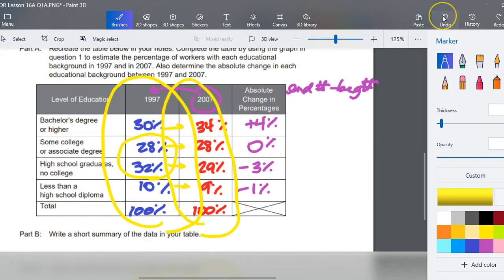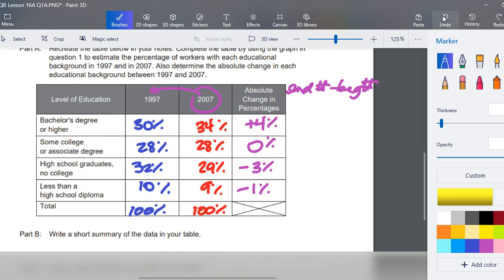I will read you some stuff that our curriculum has suggested, and I would write any of these down or leave what you have written down alone. In 1997, approximately 10% of the workers had less than a high school diploma. About 32% were high school graduates with no college, about 28% had some college, and about 30% had a bachelor's or higher.